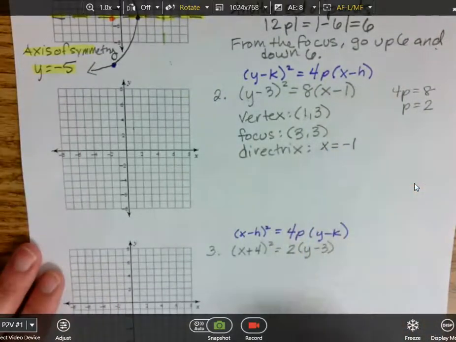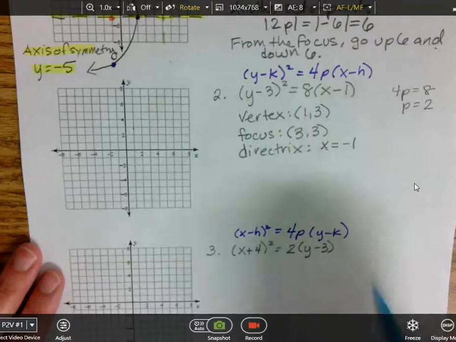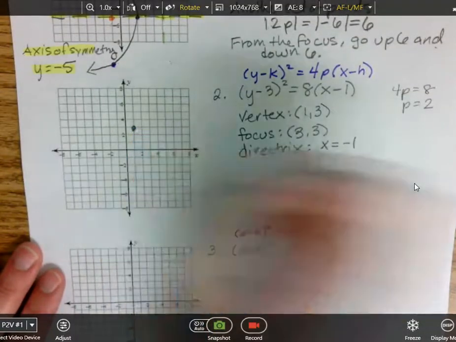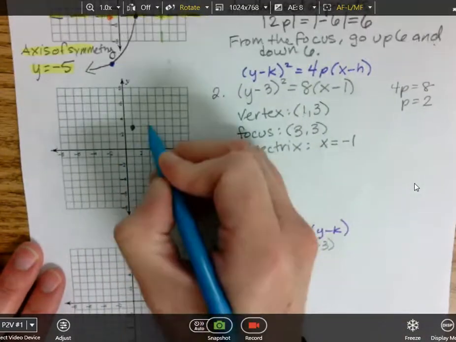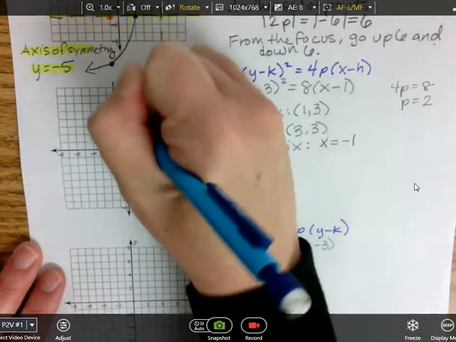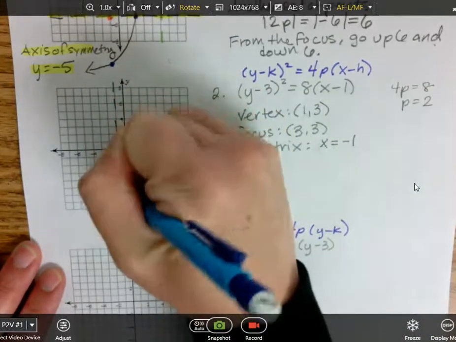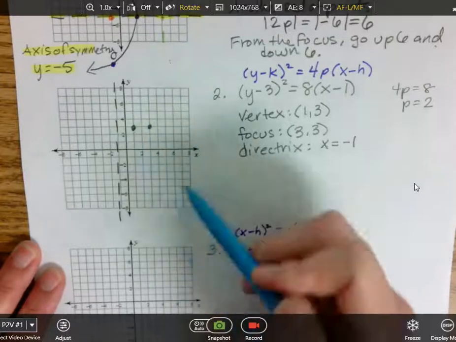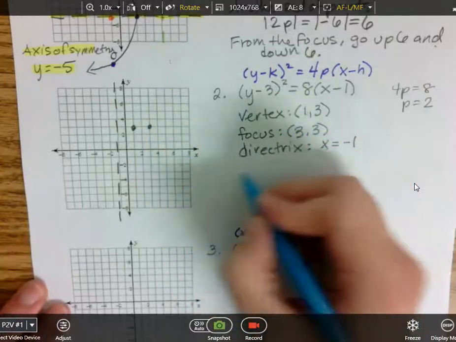And I'm going to do that before I do the other set of points. So I have a vertex at 1, 3, a focus at 3, 3, a directrix at x equals -1. So I can see that it's going to open to the right, but I'm going to get one more set of points.